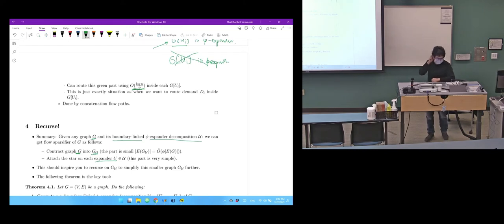But once you see this, you can simplify a lot of things. You get a star, but you have this part which is smaller. Some graph is not so simple, but it's smaller. Now the natural thing to do is to recurse in this smaller graph, right? We hope to simplify GU further.